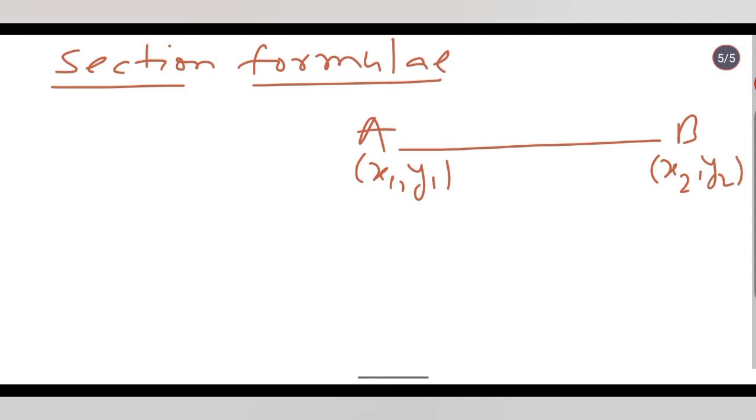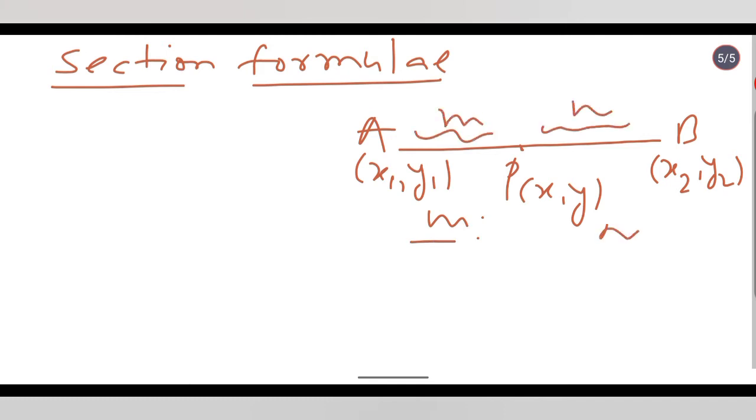Let P be a point here having coordinates x and y, which divides the line segment in the ratio m to n, where this portion is m and this portion is n.